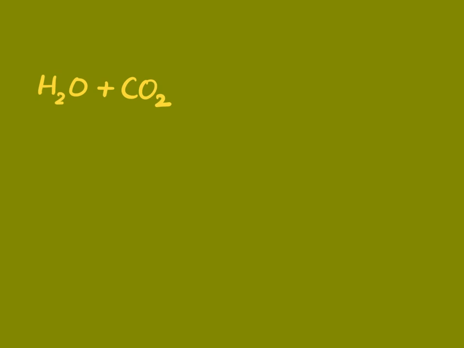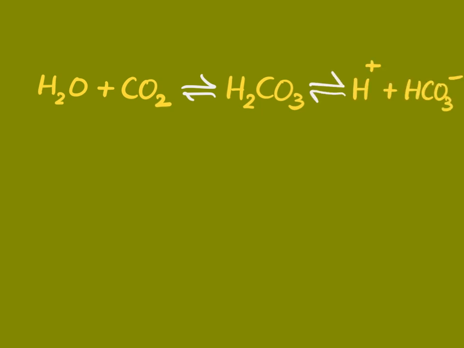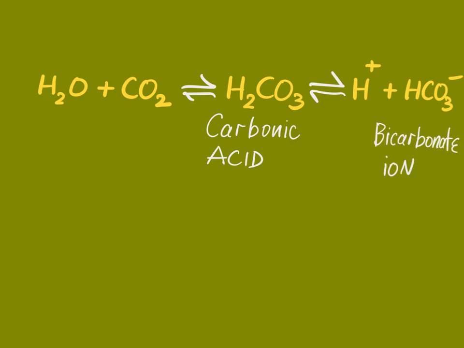Now let's take a look at the actual chemical equation of the acid-base balance that we just talked about. Water, when it combines with carbon dioxide, makes carbonic acid, which splits up into hydrogen and bicarbonate ions. H2CO3 is carbonic acid and HCO3 minus is the bicarbonate ion.